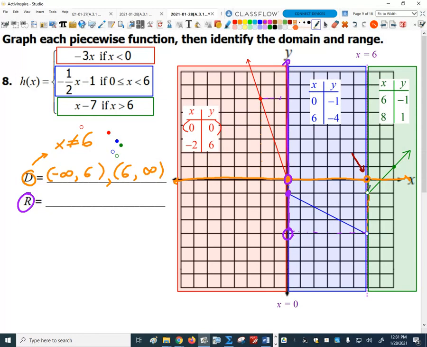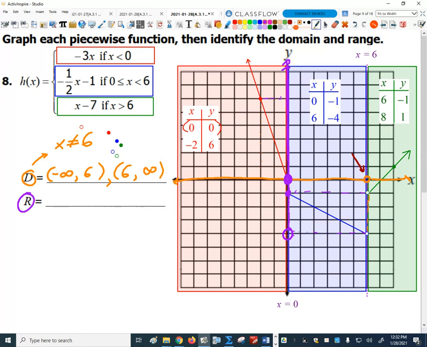Okay, I've got an open endpoint that gets projected over, and look, that one's already filled in. And then every other value of y above that is going to be included. So I would graph all of this stuff up here that's already graphed. So it fills in that open point there, doesn't it? Okay, so what do we end up with then? We got an open endpoint at the bottom, and it looks like every other point to infinity is filled in.